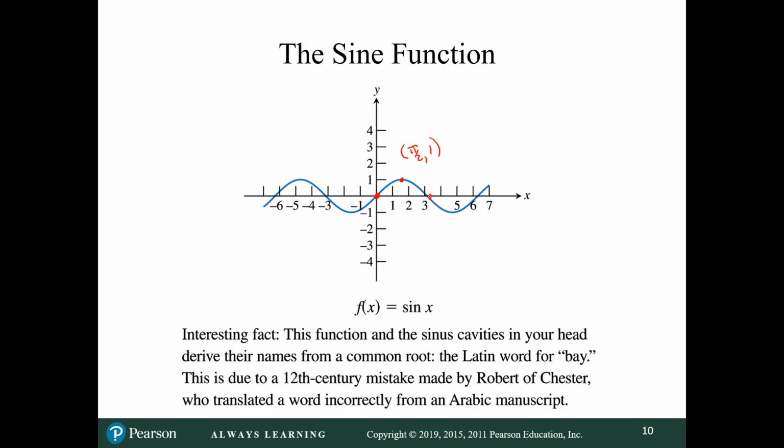All right, so those were the 12 basic functions. Of those 12 basic functions, which function has a domain of all real numbers except for 0? Which function has a graph that doesn't have 0 in it? The reciprocal function, the one that looks like this, the 1 over x.